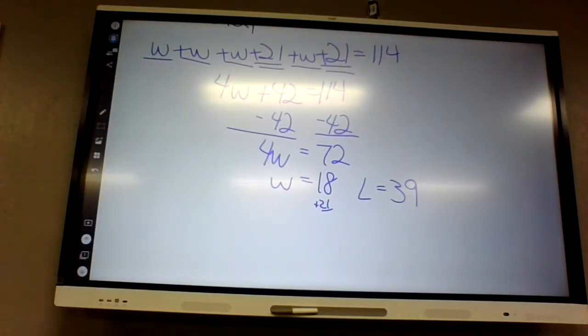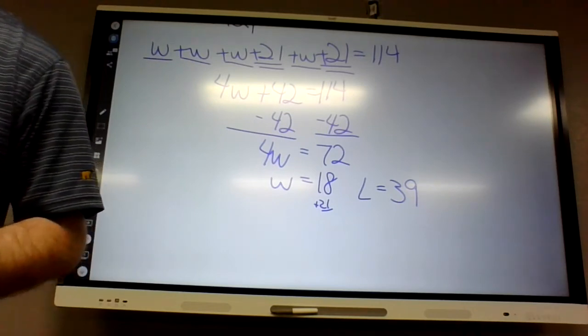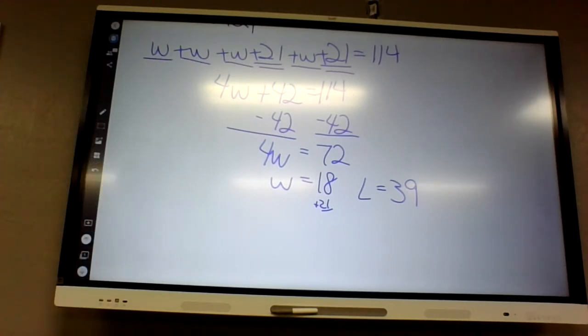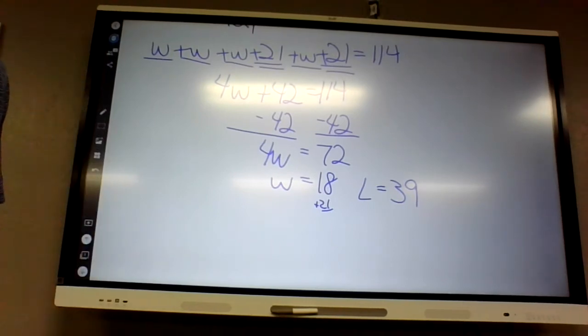No, those are the dimensions. Dimensions being like this, those are dimensions. Oh, so we only have to find the width and the length, not the perimeter. The perimeter is 114, that was the fence.